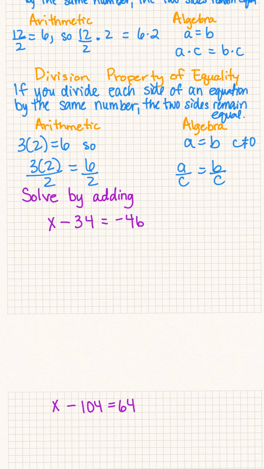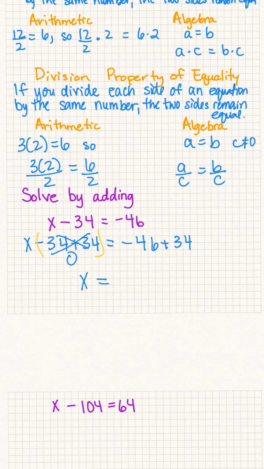So we have x minus 34 plus 34 equals negative 46 plus 34. We're not changing the value; if you do it to one side, you have to do it to the other. These two cross out, so that's 0, and x minus 0 is just x.